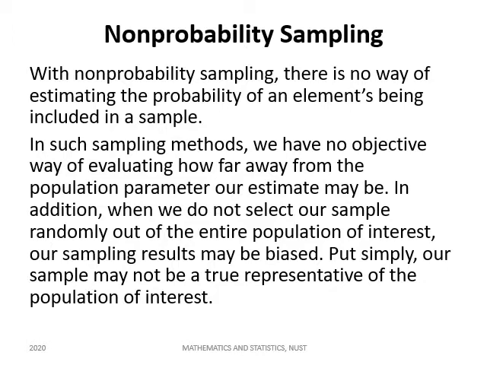So if you use some of these non-probability sampling methods and you get an average lifespan, for example, of 25, you can't really make too many conclusions about that 25. Is it really applicable to the population? You can't really say too much. And with non-probability sampling, you see that there's a bias that is introduced, so it might not truly represent the population of interest.